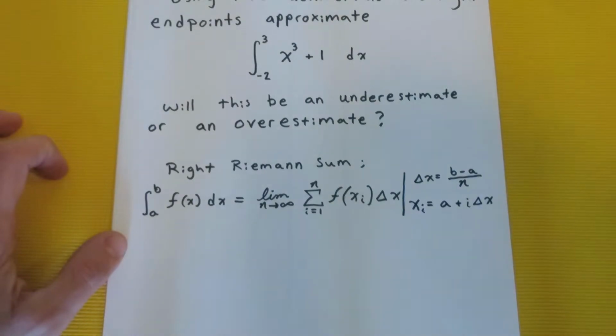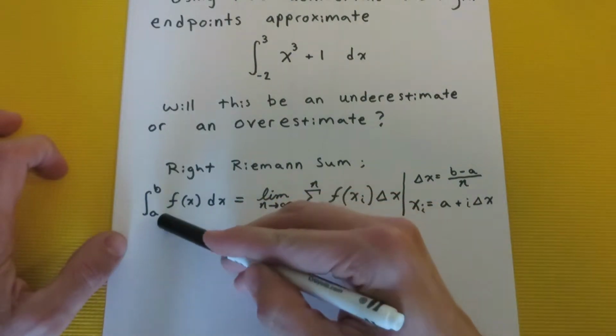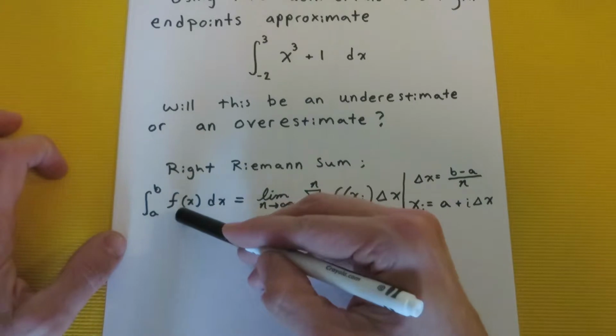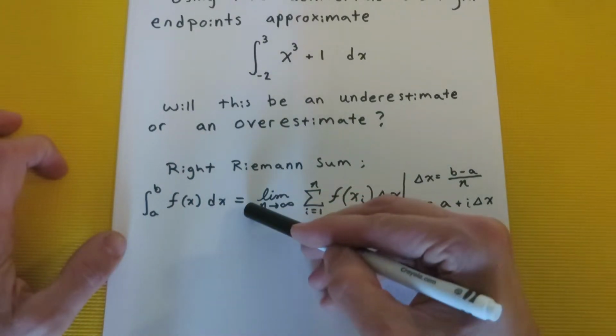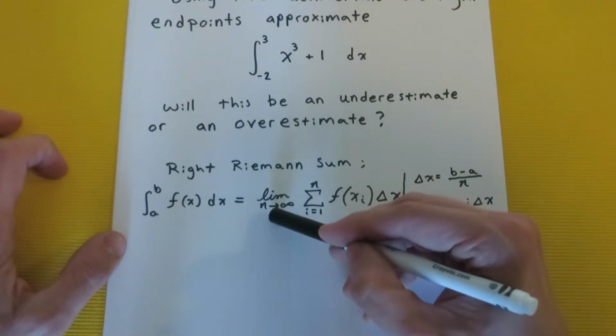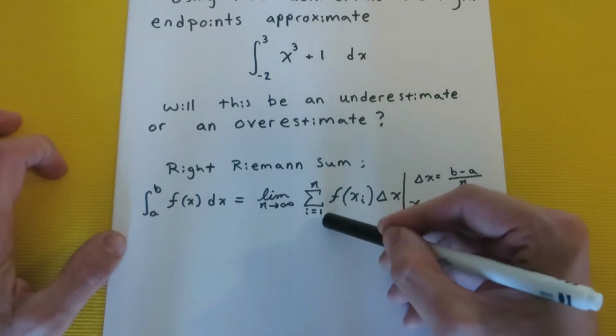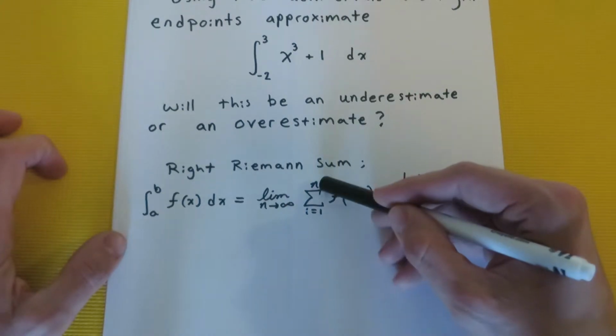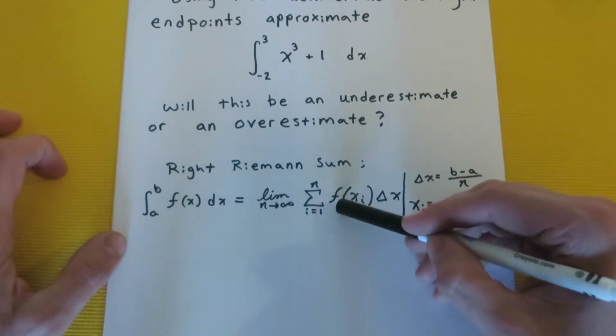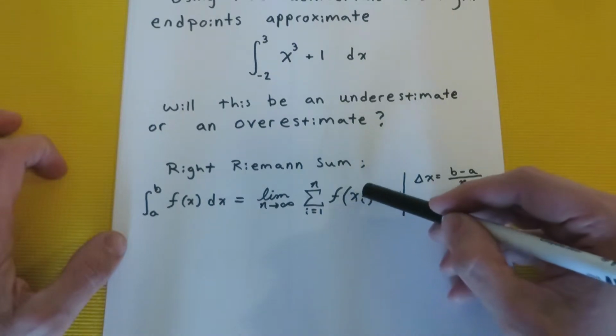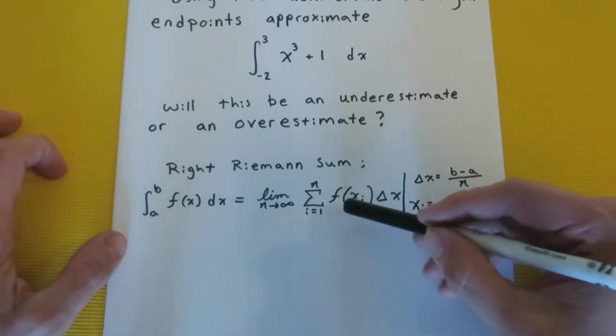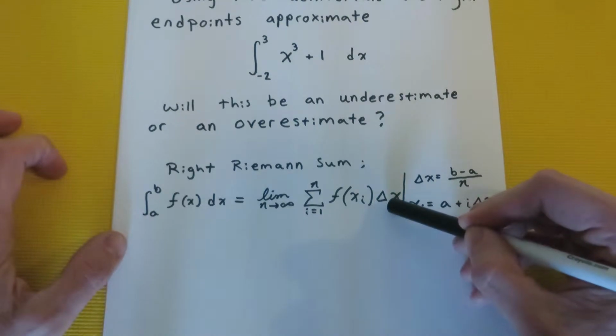Our right Riemann sum says that the integral from a to b of f of x dx is going to be equal to the limit as n approaches infinity of the sum from 1 to n of f of x sub I, multiplied by our change in x, or delta x.